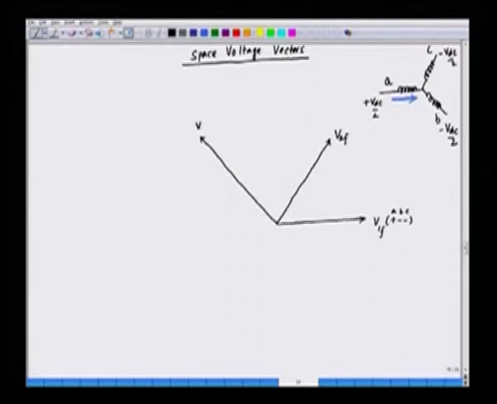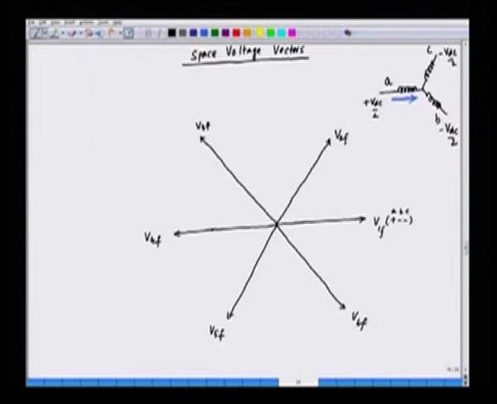So, this is V3f, and we have another vector, we have V4f, this is V5f, and this is V6f.